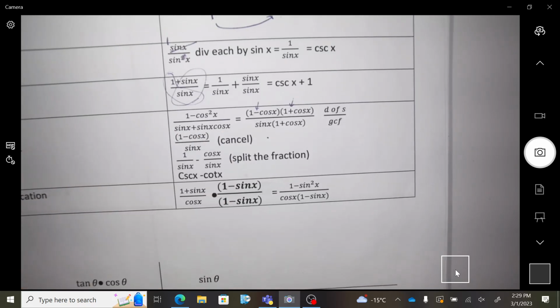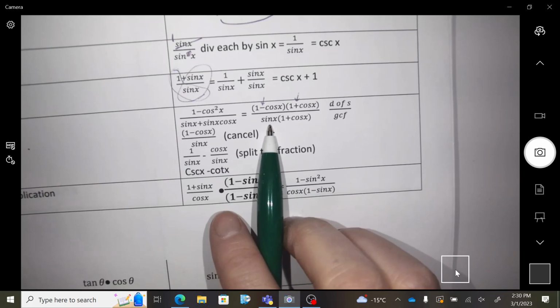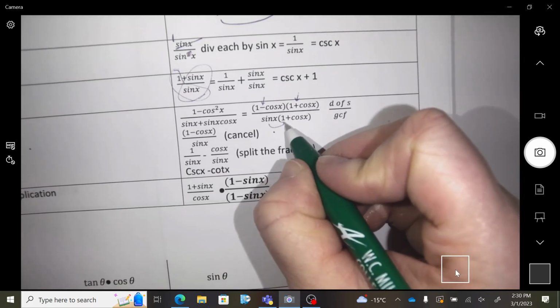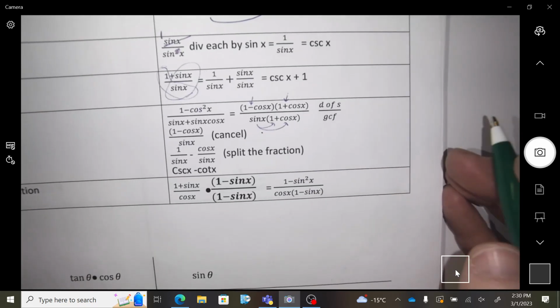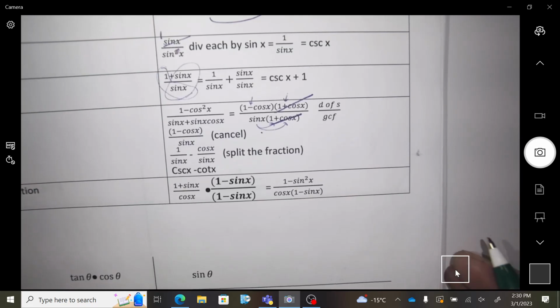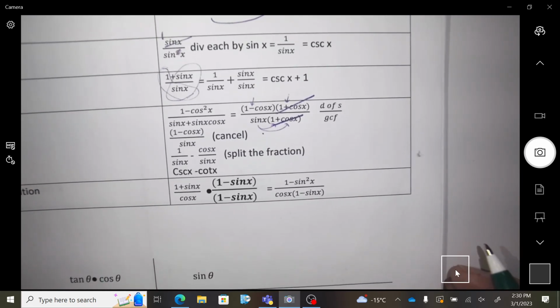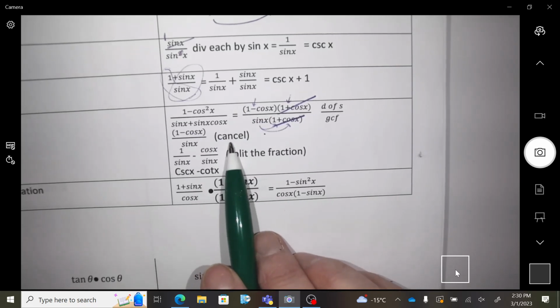So that's a GCF. So I took a sine x out. So this would be what I'm left with. Now, 1 plus cos x and 1 plus cos x would be able to cancel. So that's what I'm left with after my cancel.